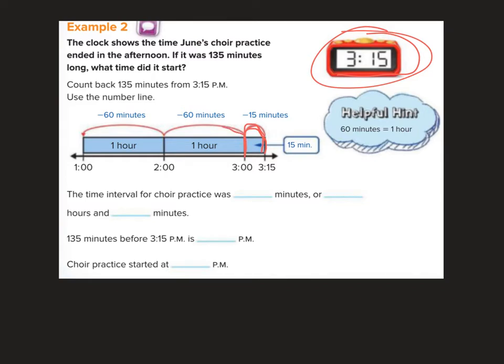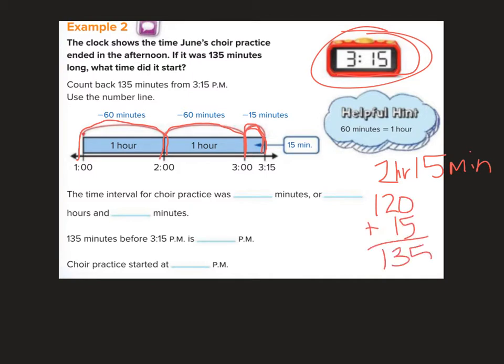Then I can count back to 2 o'clock, 1 o'clock, and that would be 2 hours, 15 minutes, which would be how many minutes? 2 hours, so 1 hour is 60, 2 hours is 120 plus 15 minutes equals 135.